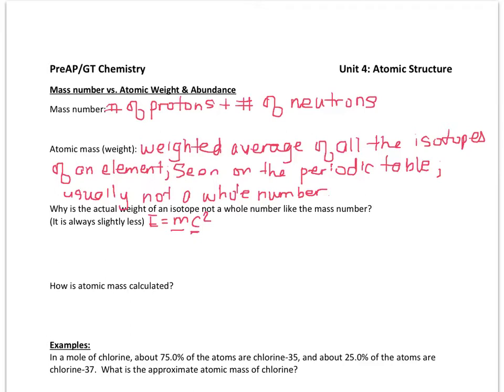So here what happens is that the mass of protons and neutrons, some of it is converted into energy to hold the protons and neutrons together in the nucleus. So again, some of the mass is taken and converted into energy to hold the protons and neutrons together in the nucleus.